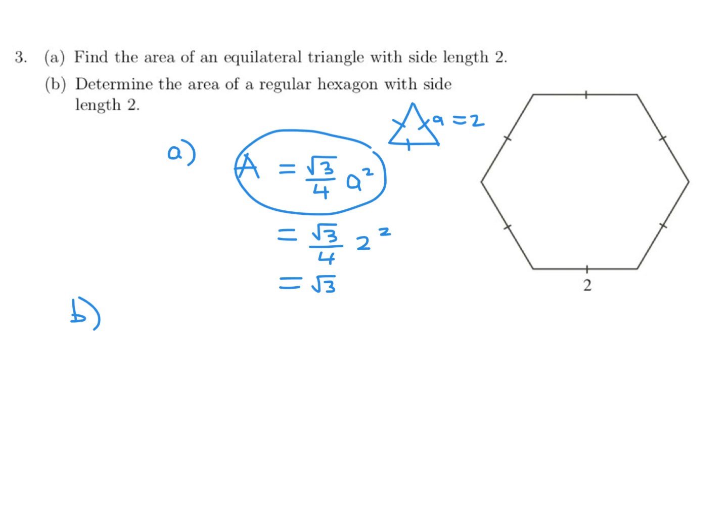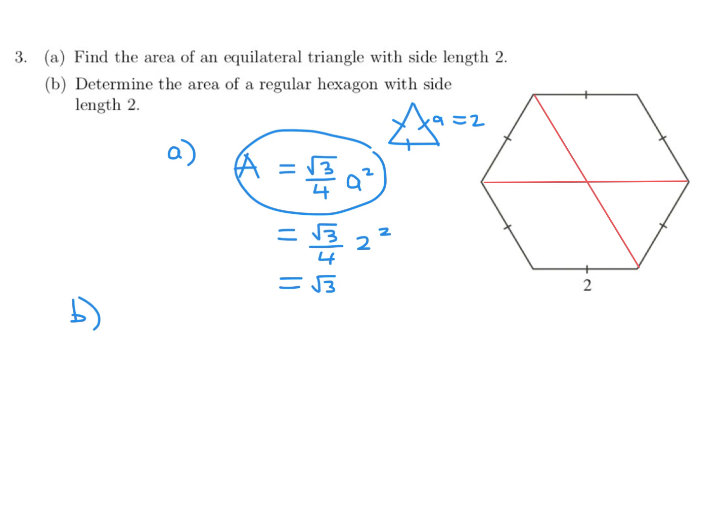So that's a simple way of doing it if you remember this relatively easy to remember formula. Determine the area of the regular hexagon with side length 2. So here's the regular hexagon. Now again, there's a hard way and there's an easy way. Because I've done so many of these kinds of problems, I immediately recognize that this can be split up into basically equilateral triangles.